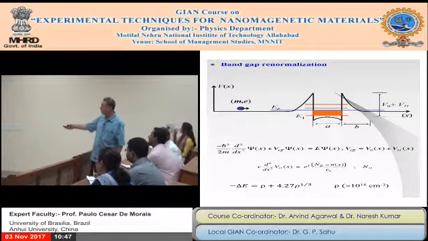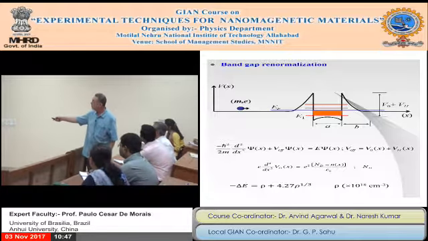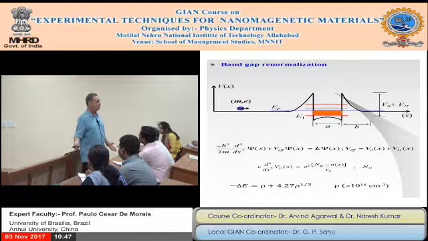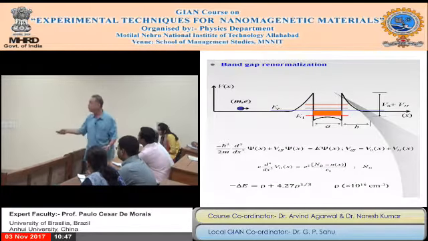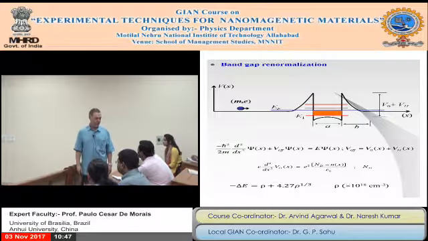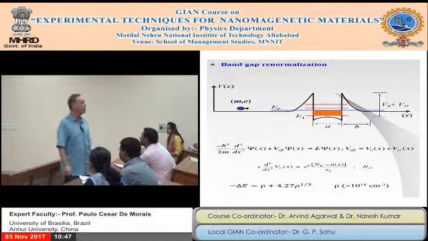But once you put electrons inside, you left the region outside without electrons, which means you have positive charge outside. In physics of semiconductors, we call this accumulation layer.